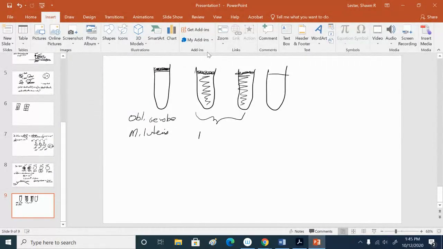Those are facultative anaerobes. Yep. And what were the two examples? E. coli and Bacillus cereus. Yep.